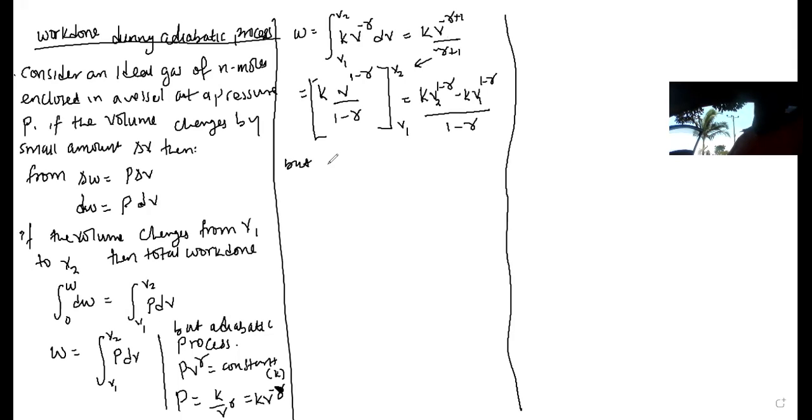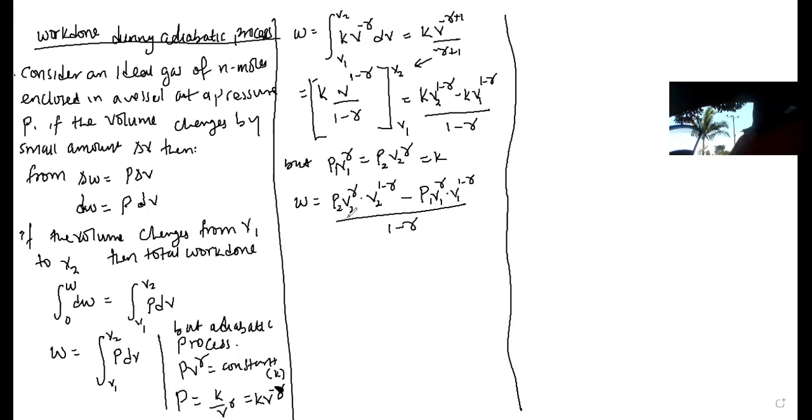But still, in adiabatic processes, P1 V1 gamma is equal to P2 V2 gamma, and this is equal to a constant K. So I can substitute for K, giving work done is equal to P2 V2 gamma times V2 power 1 minus gamma minus P1 V1 gamma times V1 power 1 minus gamma, divided by 1 minus gamma.